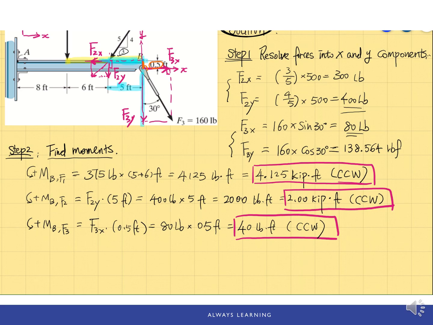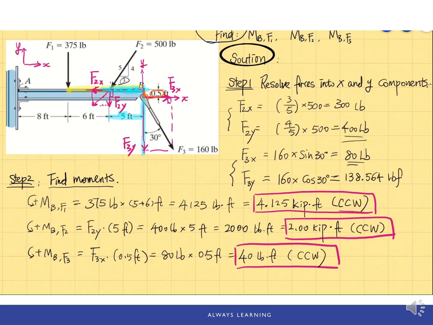So if we take a look at this solution, if we're going to use the scalar formulation, it's easier if we first resolve the force into x and y components. And in this case, some of the forces will just pass through the point, like force F2x and force F3y.